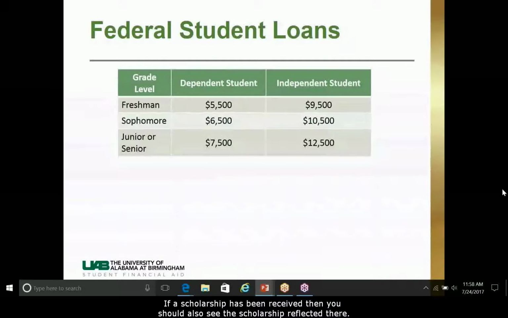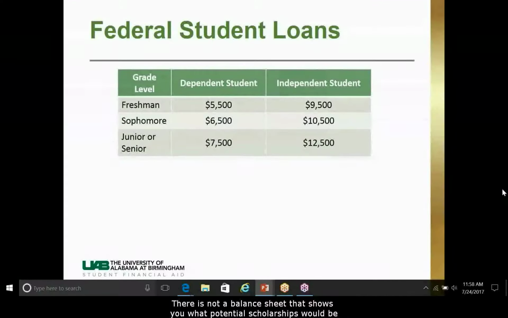If the scholarship has been received, then you should also see the scholarship reflected there. There is not a balance sheet that shows what potential scholarships would be and how they would impact the student account, because that would mean showing a lot of different scholarships, a lot of different factors, and playing a lot of what-if scenarios. So we only factor in what has been received and what the student will be receiving once all those requirements have been fulfilled.